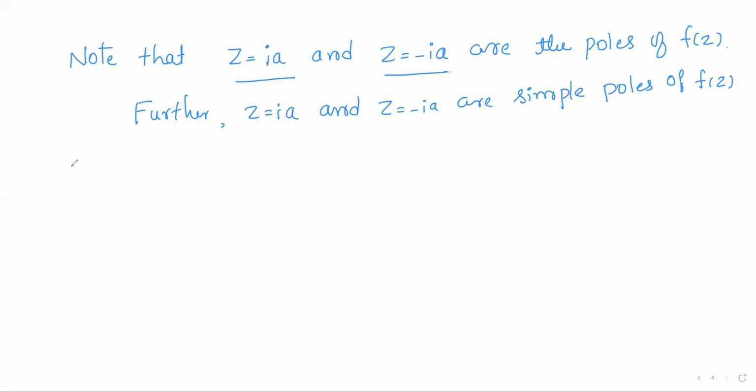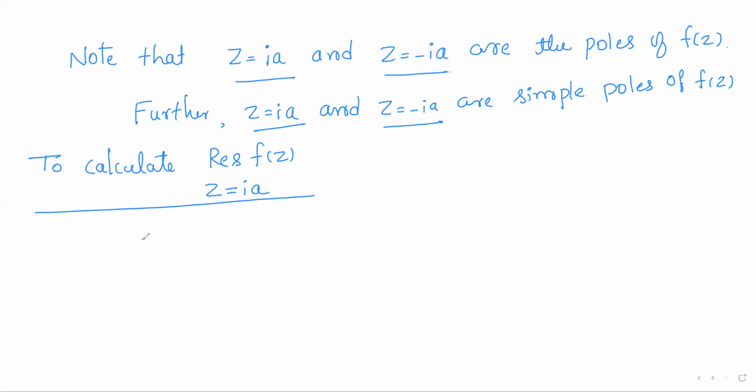f of z. So now we shall calculate the residue of f of z at its poles. First I'll choose z is equal to ia, right? As z is equal to ia is a simple pole, what is the formula to calculate the residue of f of z at z is equal to ia?